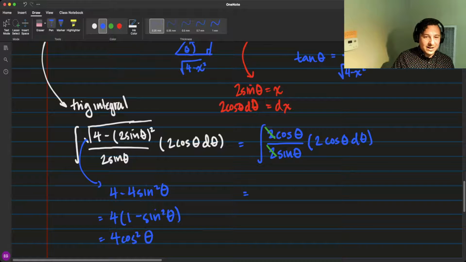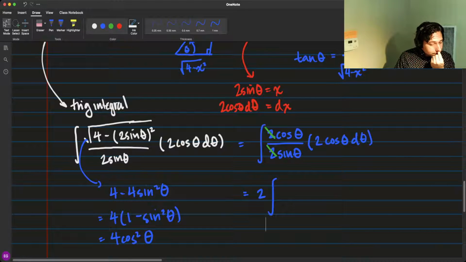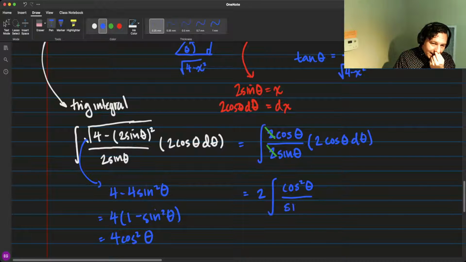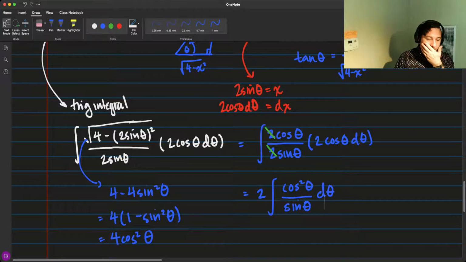And I could factor out that one leftover 2 to be put in front of everything. So what am I left with? A cosine squared divided by a sine theta d theta.